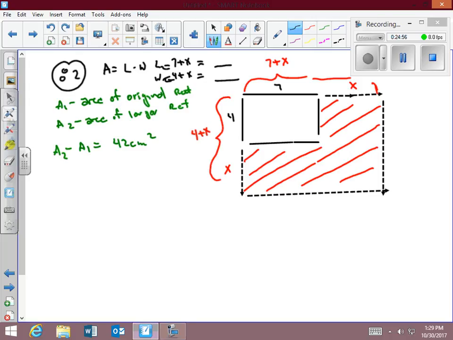So the area of the larger is length times width. So I'll put 7 plus x times 4 plus x. That's the larger rectangle, right? And the smaller one is 7 times 4, right? And the difference of the two areas is 42 centimeters squared.